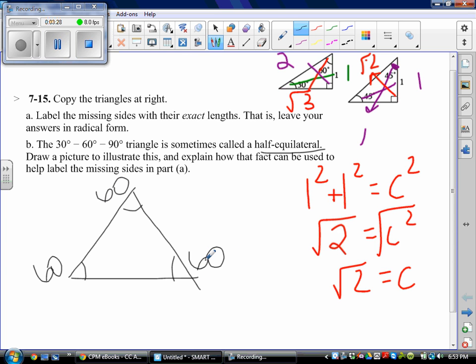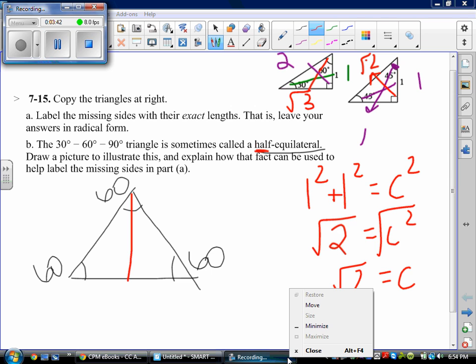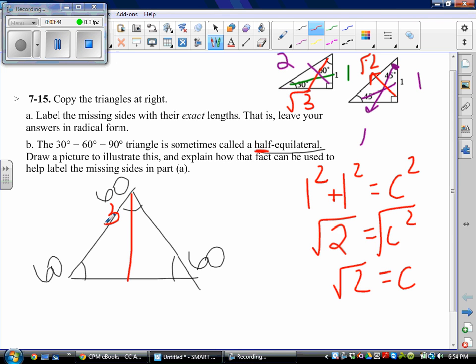Okay. Now it wants us to use our 30, 60, 90 triangle to be a half of an equilateral. So I'm going to cut this in half. Now my 60 degrees is also cut in half, so this becomes 30 degrees up here. Okay? And we know this is going to be a 90. It's straight down.